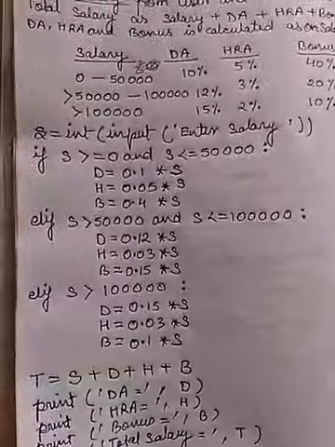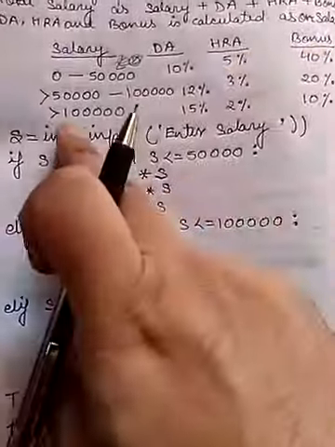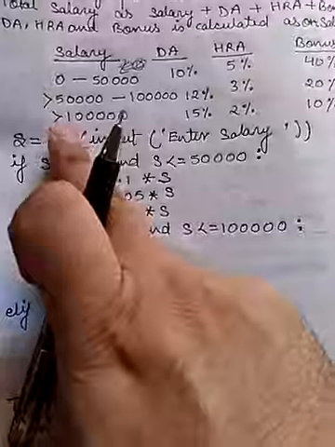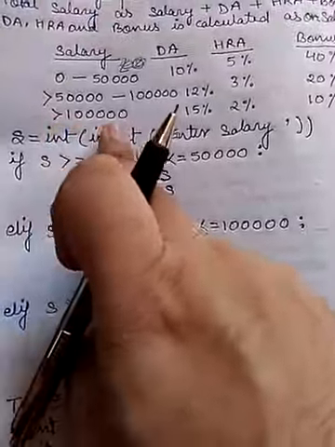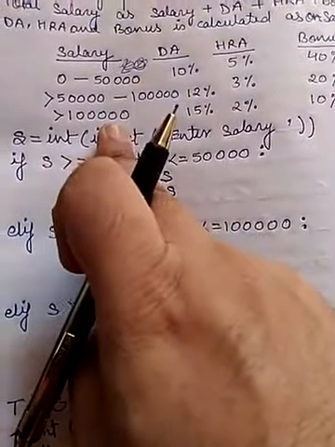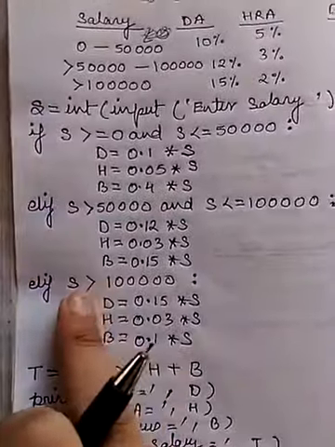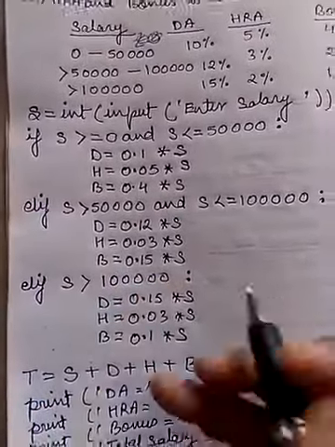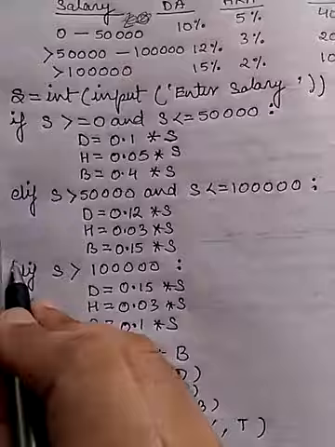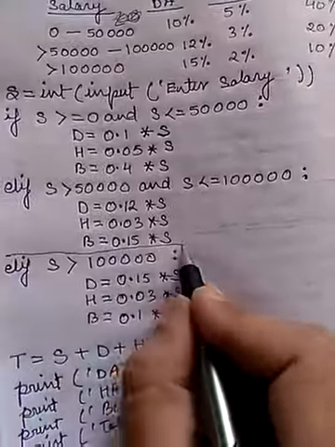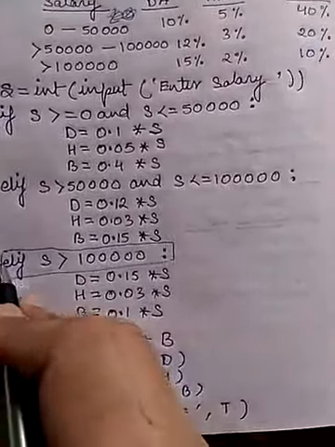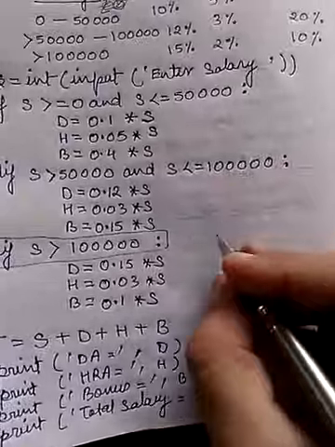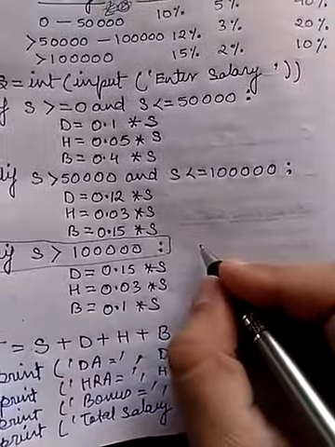Here one thing I want to tell you, in this question it is written greater than 1 lakh. So here I have used the condition salary greater than 1 lakh. Instead of this elif, you can use the else part over here also.